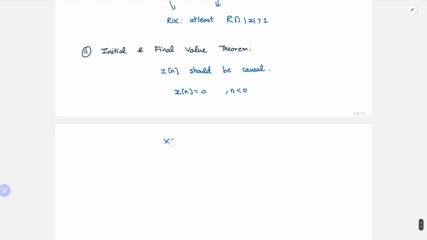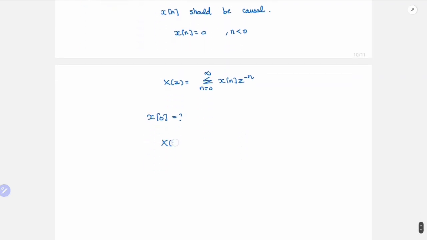So in that case, I can write my x of z as summation n equal to 0 to infinity x of n z power minus n. So if we want to find x of 0, how do I find it? If I write it out this way, there will be x of 0 plus x of 1 by z plus x of 2 by z square and so on until infinity.